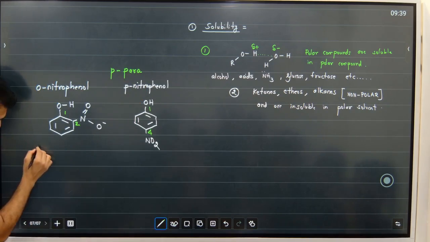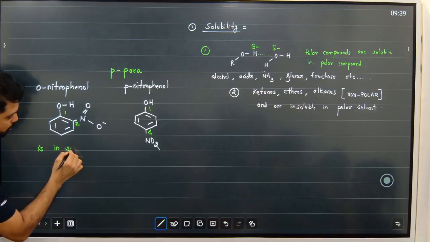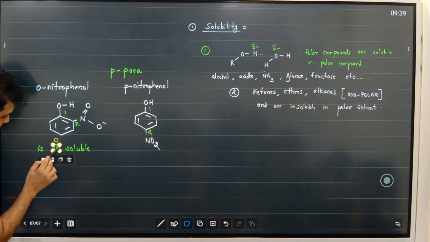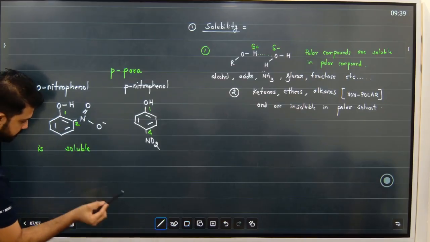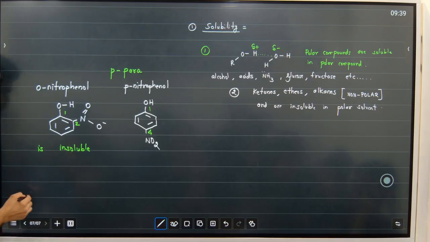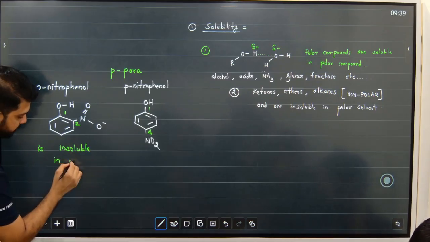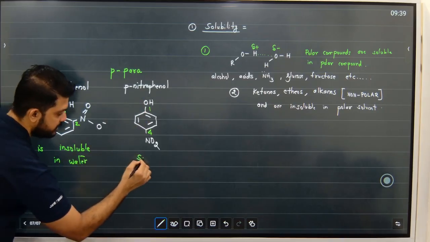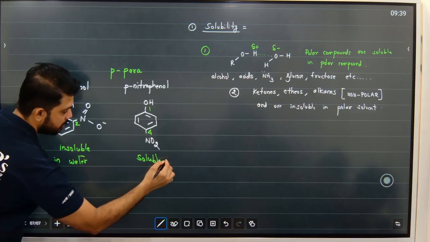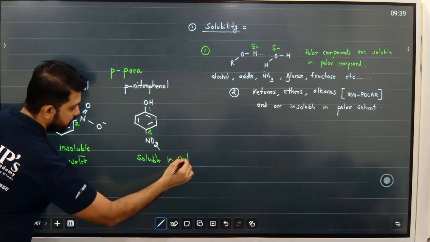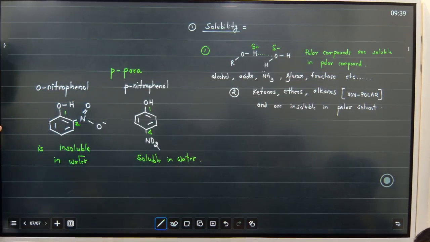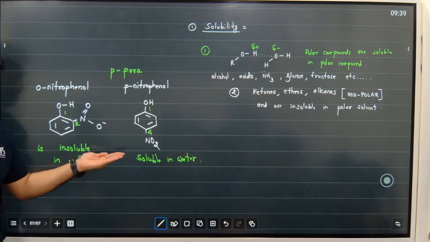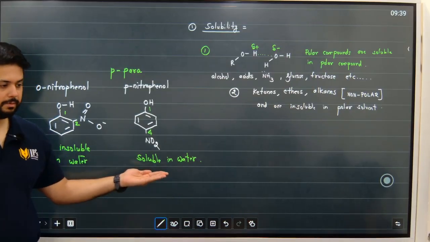Orthonitrophenol is insoluble in water, whereas paranitrophenol is soluble in water. I repeat, insoluble in water, soluble in water. What would the reason be?